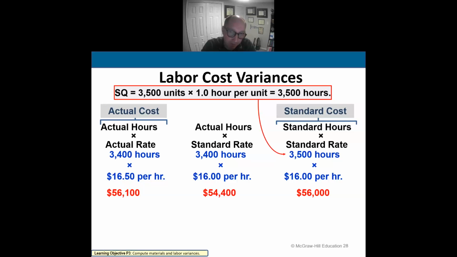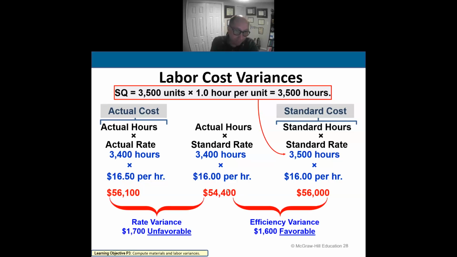Actual hours, 3,400, at standard rate, $16, giving us a variance of $54,400. The rate variance, unfavorable, of course it is. $16.50 versus $16. That's unfavorable by $1,700.